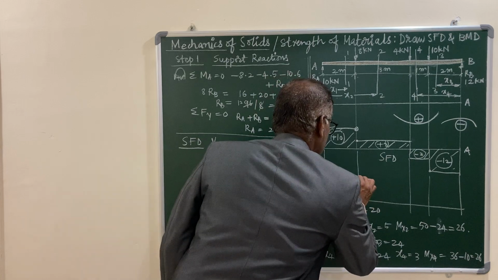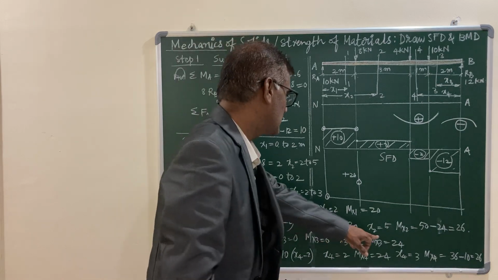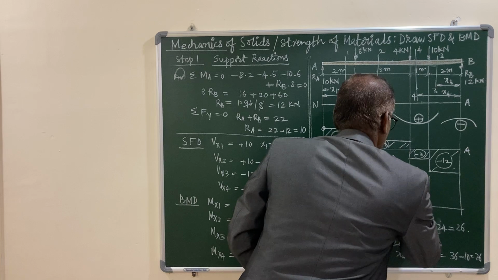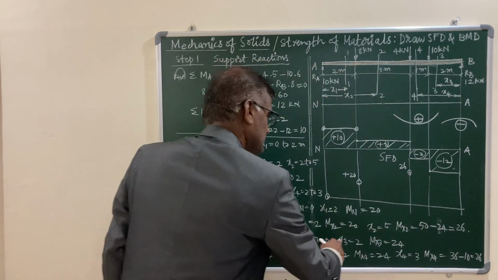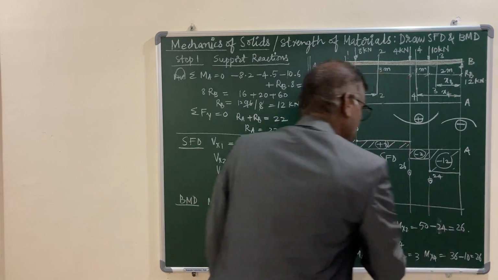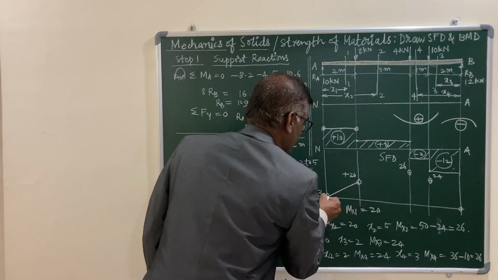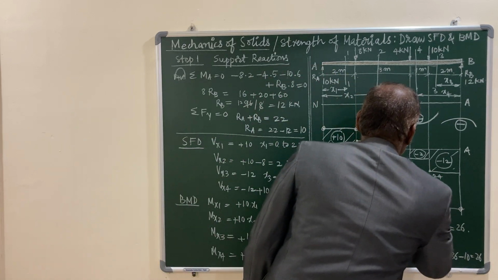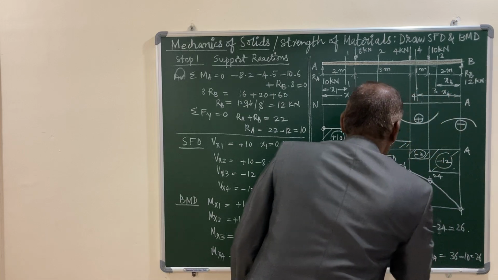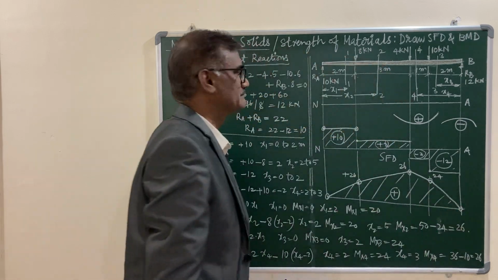The next value becomes 26, somewhere here it is 26, and the other value is 24, a little below this, and lastly the other end is 0. Join all these with straight lines, and this is exactly the required bending moment diagram for the simply supported beam. Thank you.